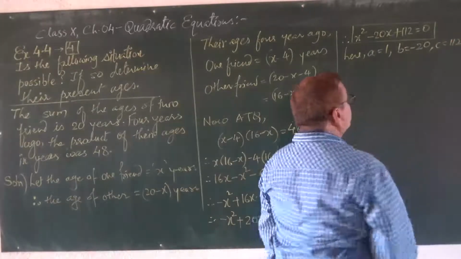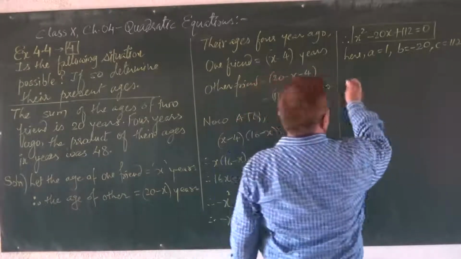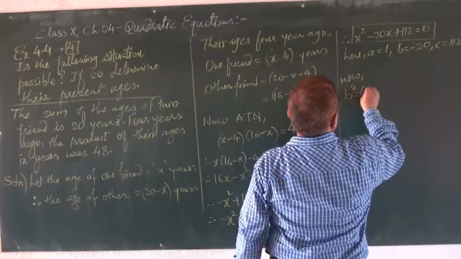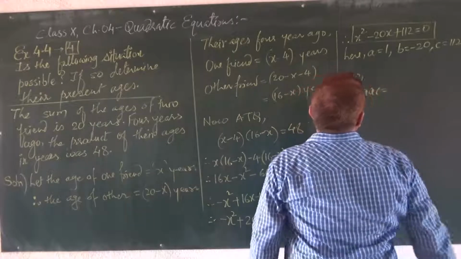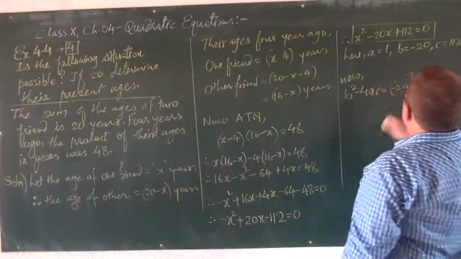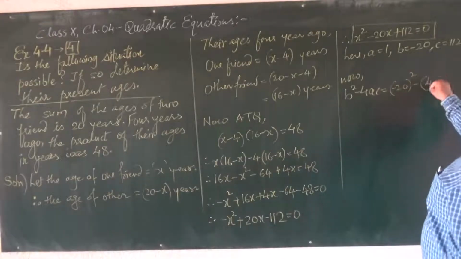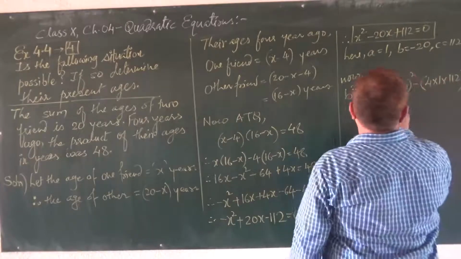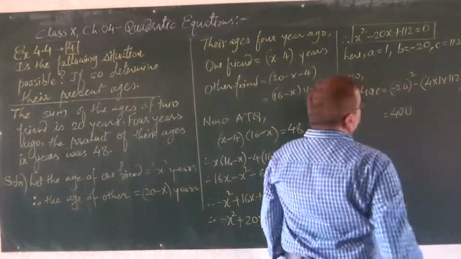So find the discriminant, that is b square minus 4ac. Now, b square minus 4ac. So b is minus 20 whole square minus 4 into 1 into 112. So the square of any negative number is positive.